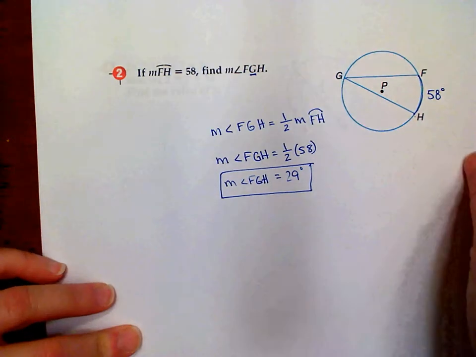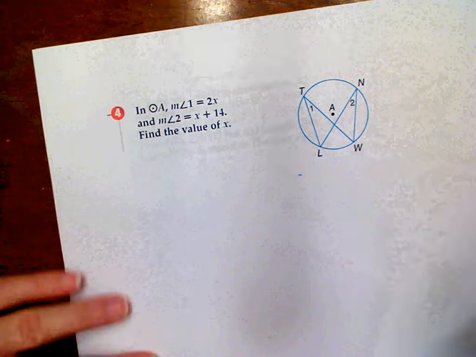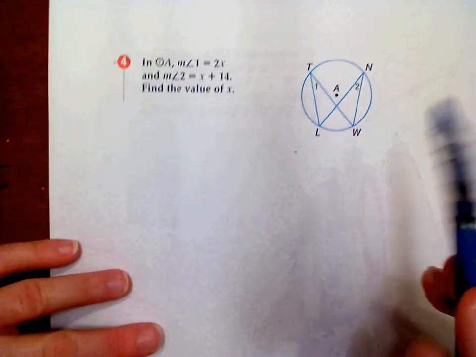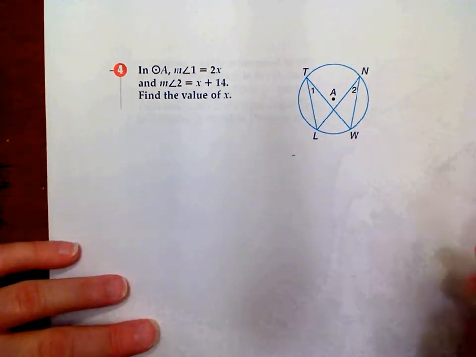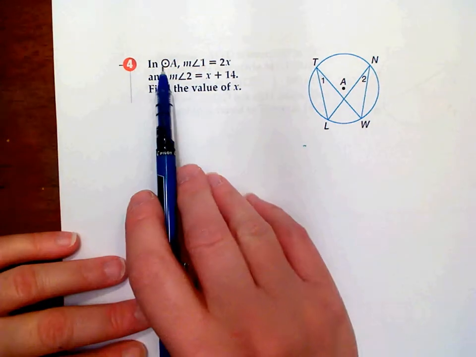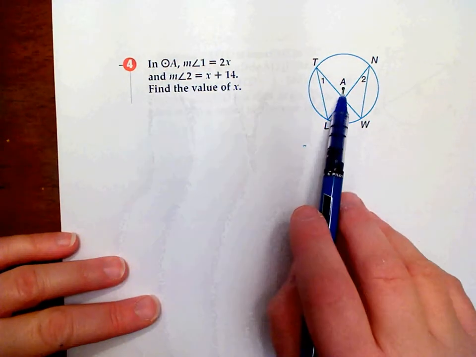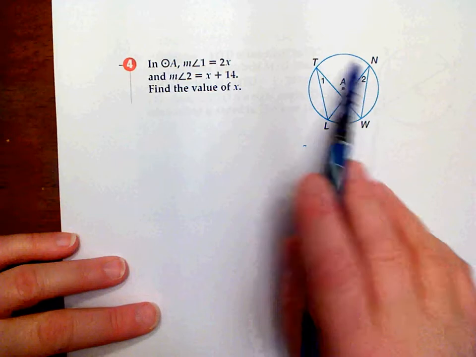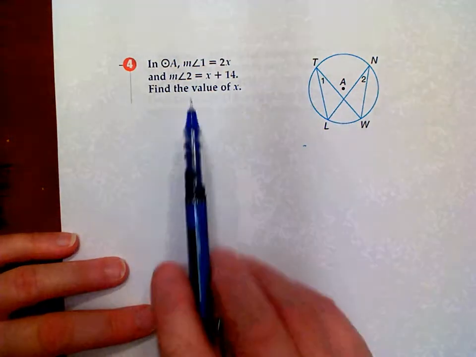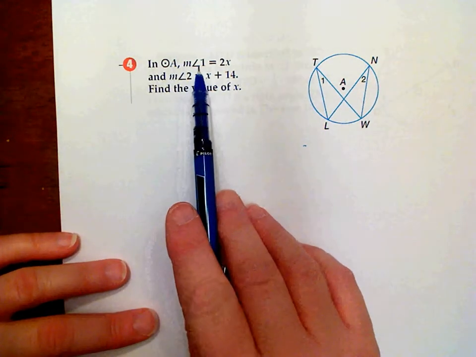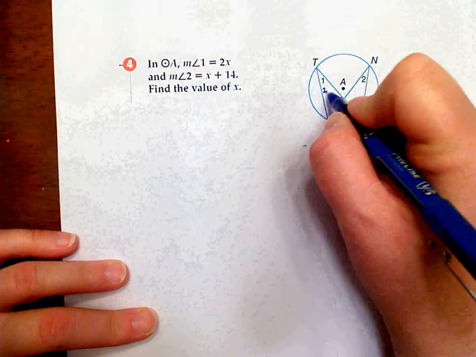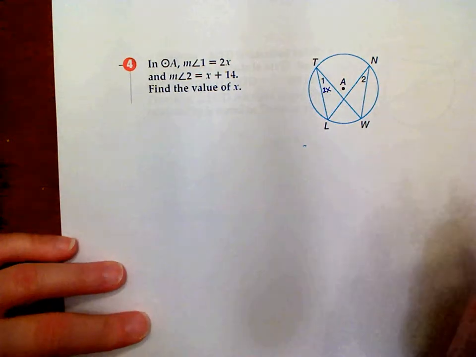The next example gives us a good relationship that we need to understand. It's telling us the name of the circle is A, and so A is the center. We don't have any angles with A as the vertex, so we don't have any central angles. It tells us the measure of angle 1 is an expression, 2x, and the measure of angle 2 is x plus 14, also another expression.